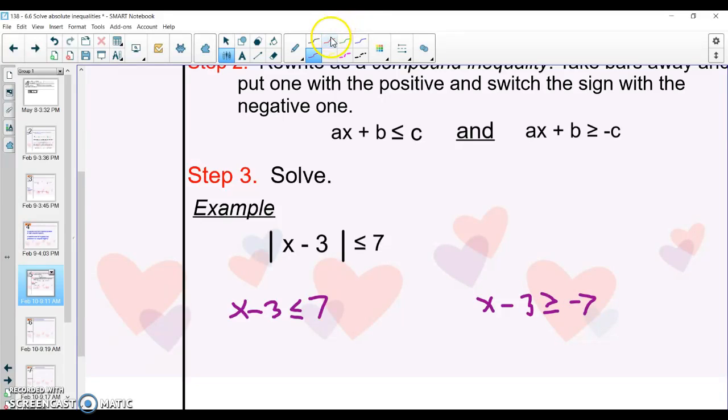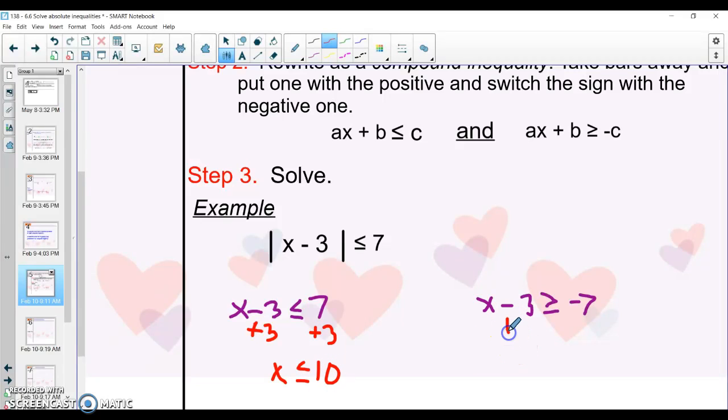And then you solve. Well, inverse operations, add 3, add 3. To make that a true statement, x has to be less than or equal to 10.